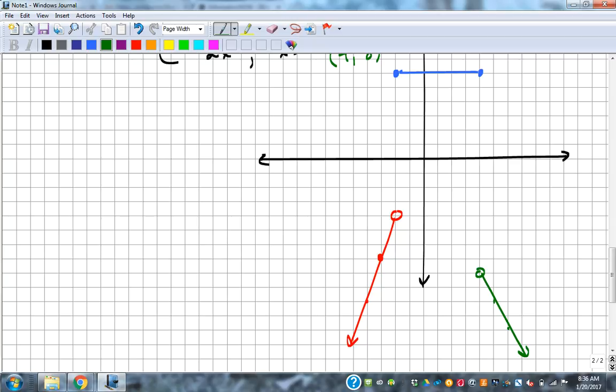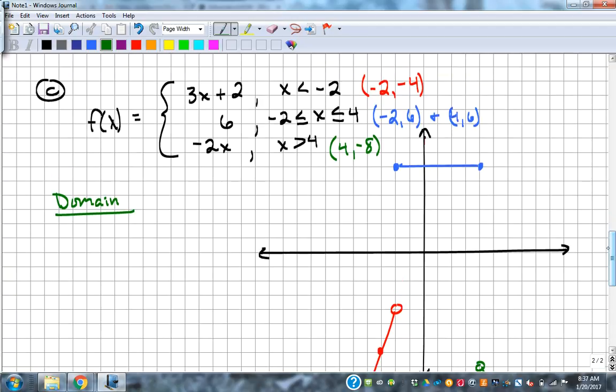Okay? Now that we've done each part individually, let's look at it in terms of the entire picture. What would the domain of f of x be? And we can get that from the function. Are there any numbers that are left out?